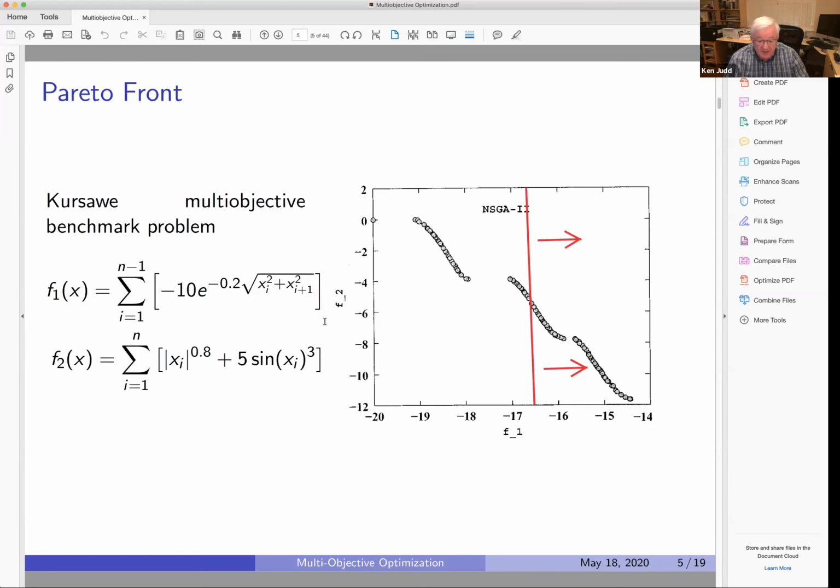Now, here's an example from the multi-objective optimization literature, and you can see why it's a cute example. Suppose you have two objectives, F1 and F2, and the objective is a function of n xi's.